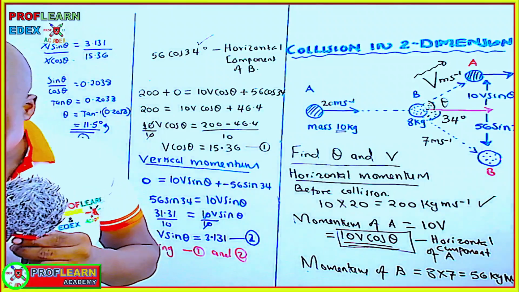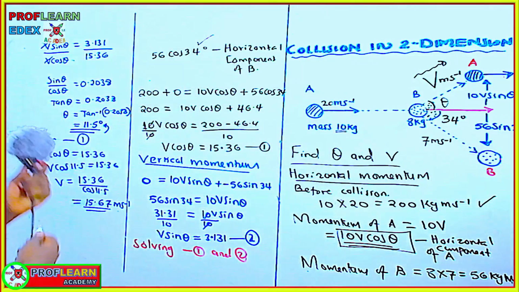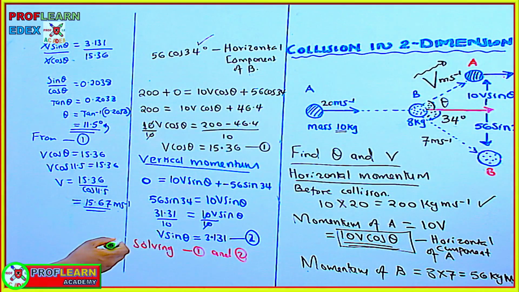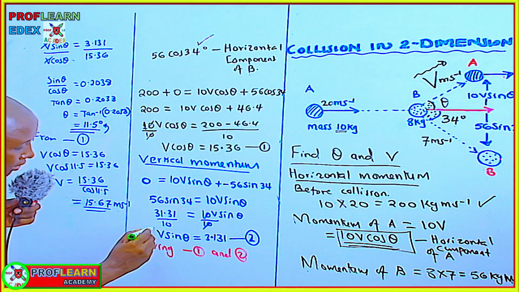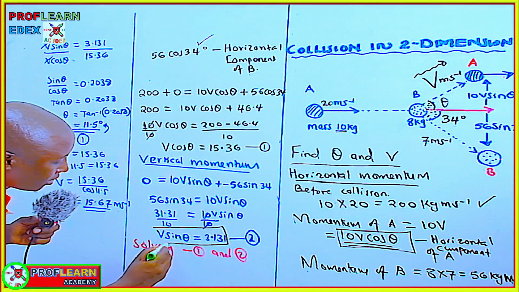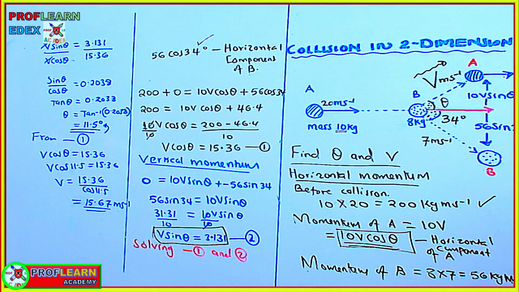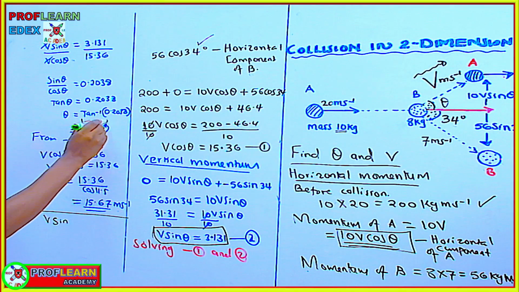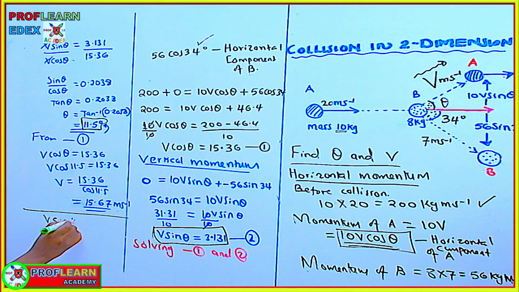I would like to check, just for curiosity, whether that is true. If I used equation 2, will I get the same answer? If I used equation 2, this would have been v sine theta, and our theta, which is 11.5, equals 3.131.